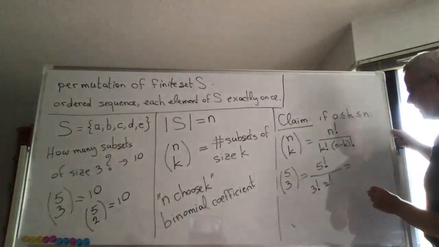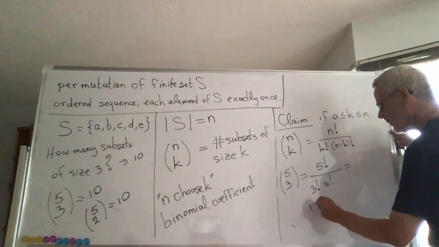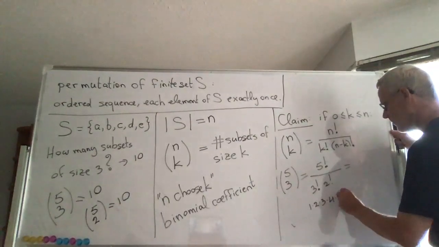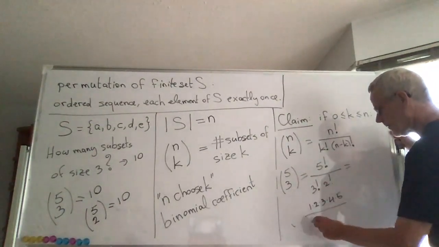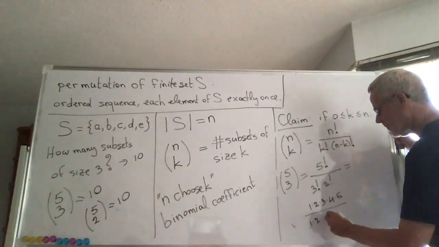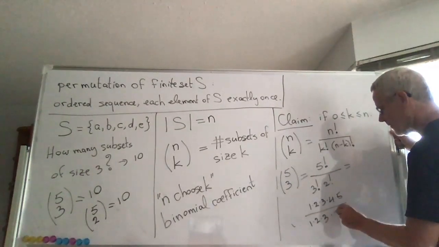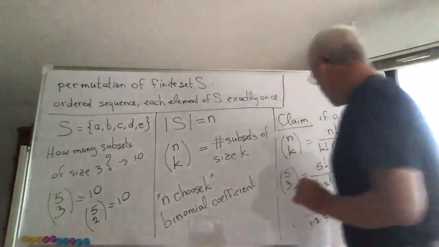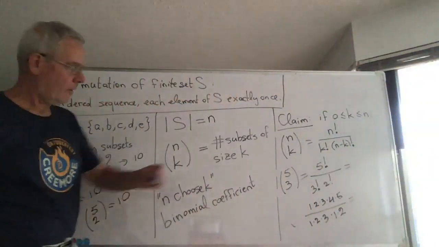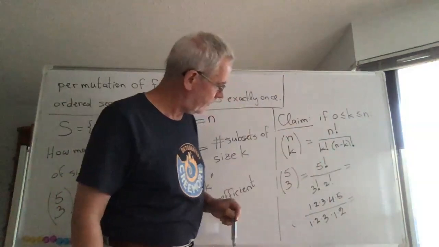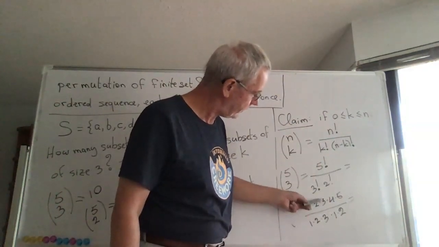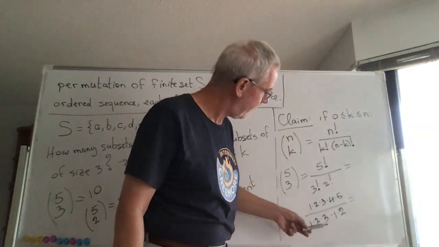Let's write this out. 5 factorial is 1 times 2 times 3 times 4 times 5. 3 factorial is 1 times 2 times 3. 2 factorial is 1 times 2. So the right-hand side is equal to this. Now we have a 1 here, they cancel, the 2's cancel, the 3 cancels.